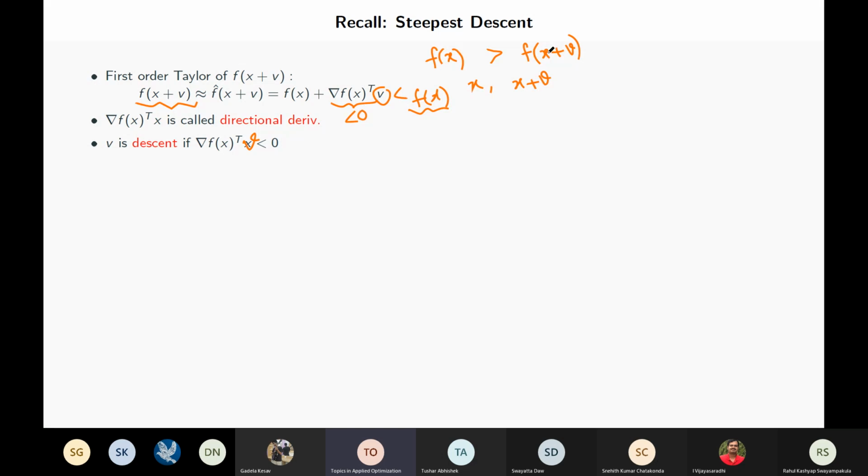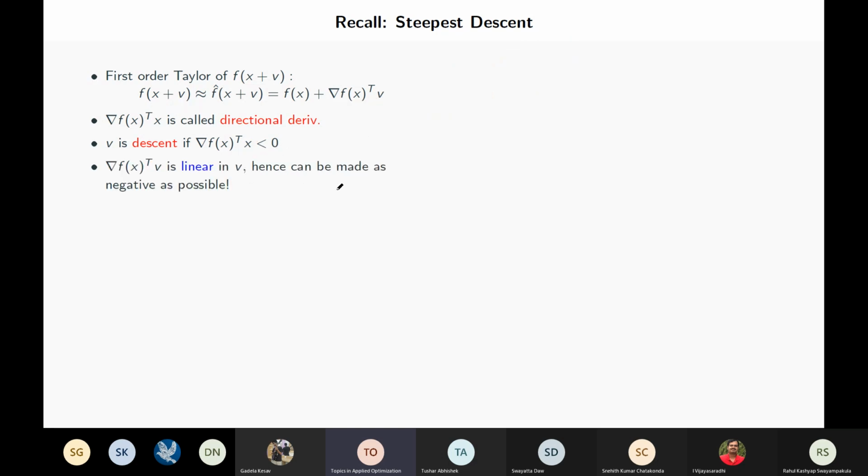Another matter is how much to decrease and so on. But in general, this is what we see: the choice of v should be such that the dot product with grad f must be negative.